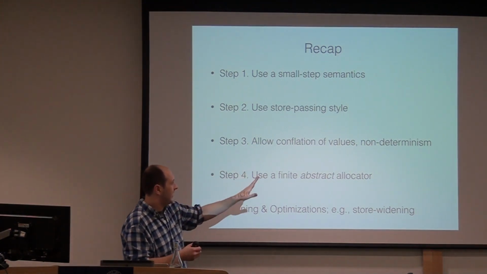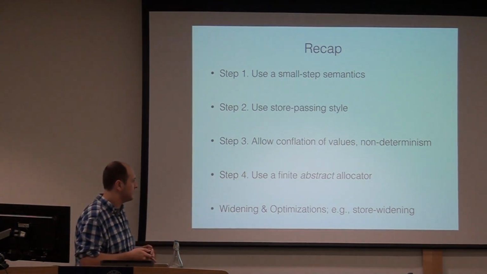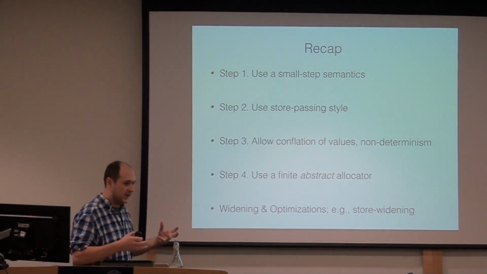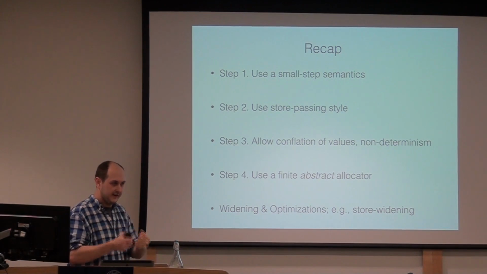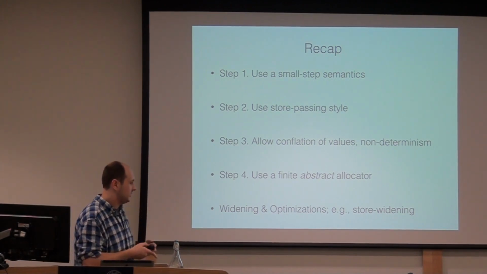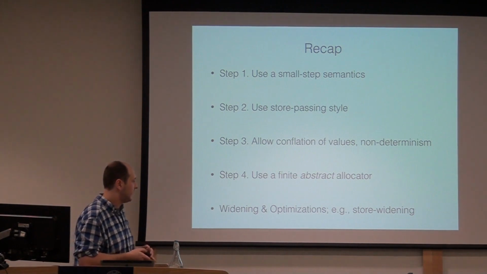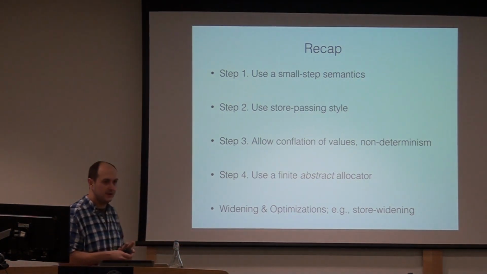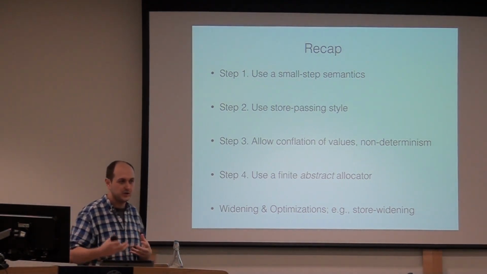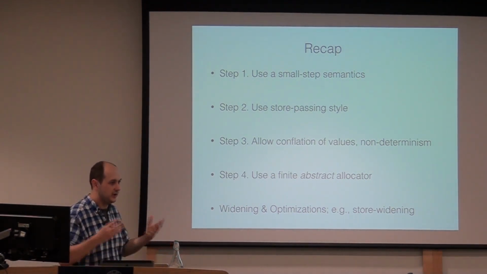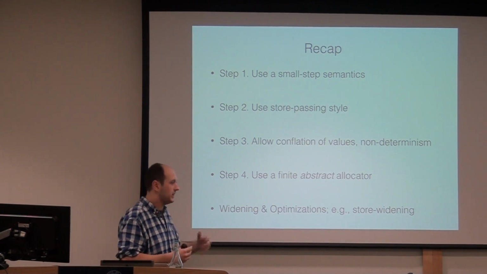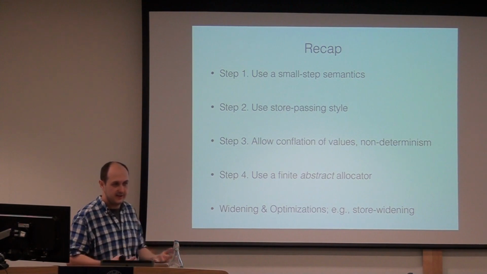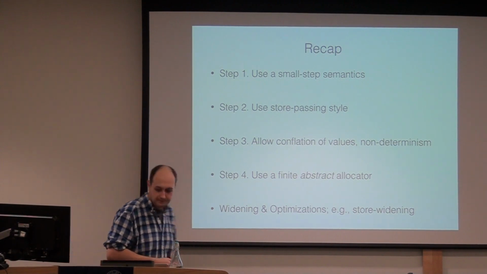We then allow conflation of values in our store and non-determinism, and then we can use a finite abstract allocator to give us different styles of finite analysis, which models our concrete evaluation. And then from here we can layer on different styles of approximation and widening if we want. For example, we might use a global store, which over approximates all stores that we visit. So we join all updates into one global store. Or we could have a store for each piece of syntax, which would give us a flow-sensitive analysis, which is a little bit more precise.